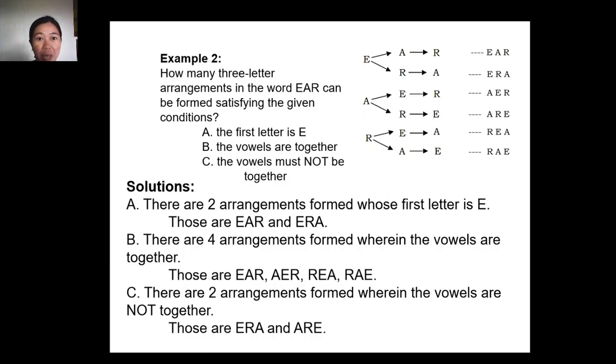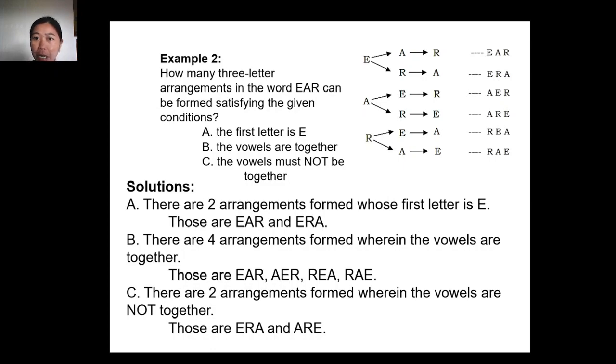So example number 2 here is, the given question is how many 3-letter arrangements in the word ear can be formed satisfying the given conditions. So we have here 3 given conditions. For letter A, if the first letter is E; for letter B, if the vowels are together; and for letter C, the vowels must not be together.